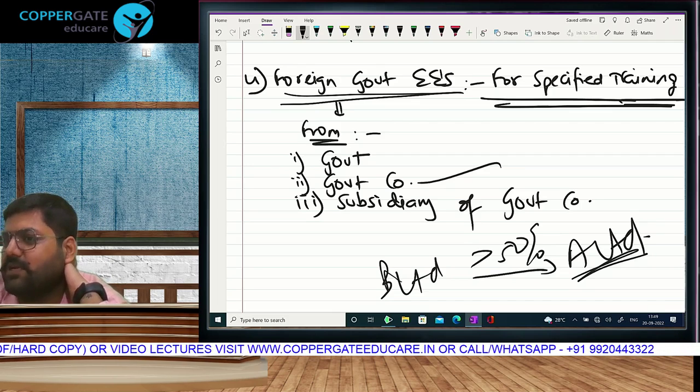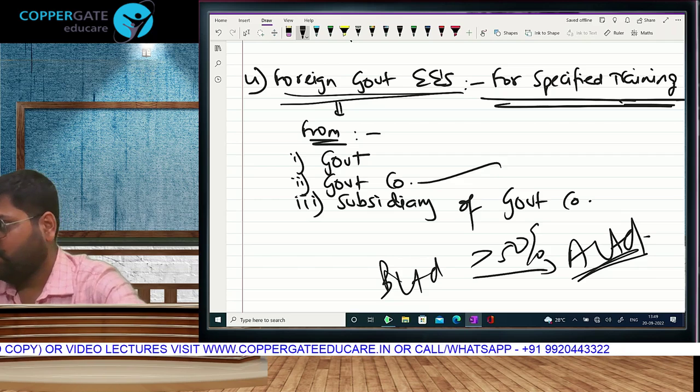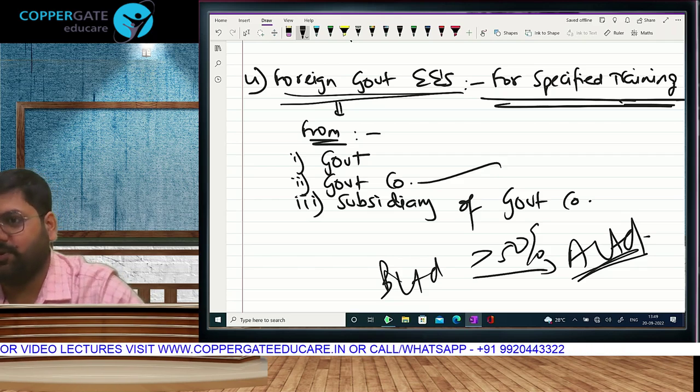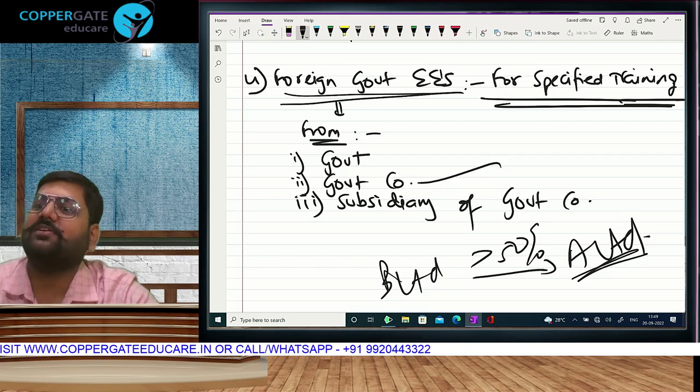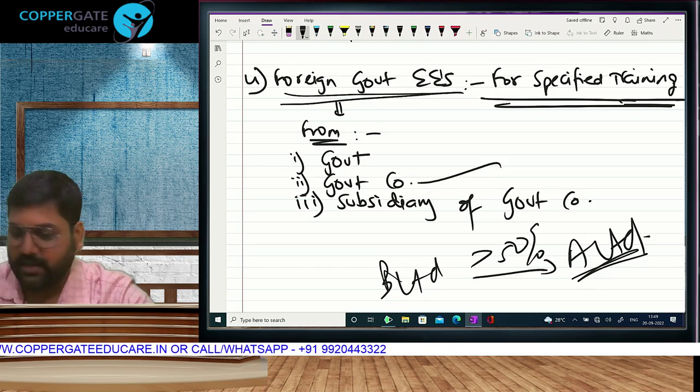When one company holds more than 50% shareholding in another company, the company which is holding it is called the holding company, and the company in which the shares are held is called a subsidiary company.